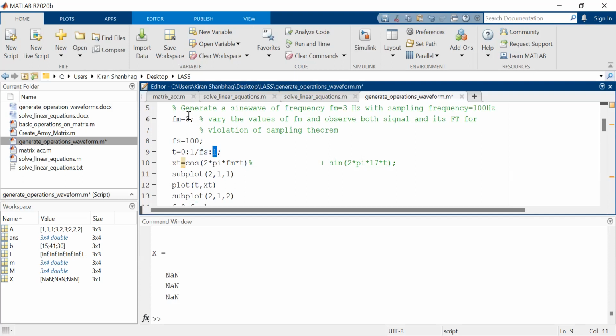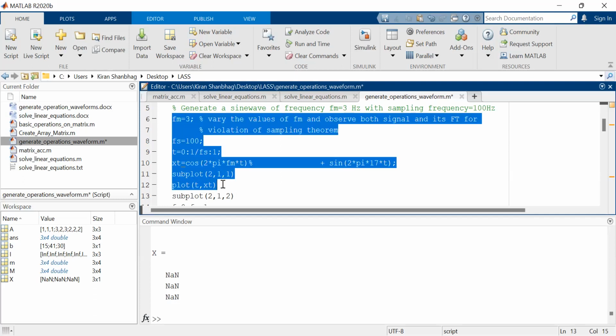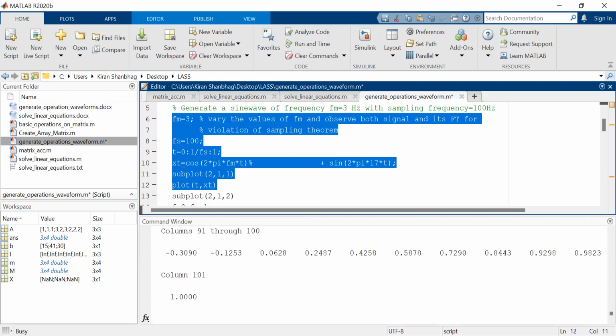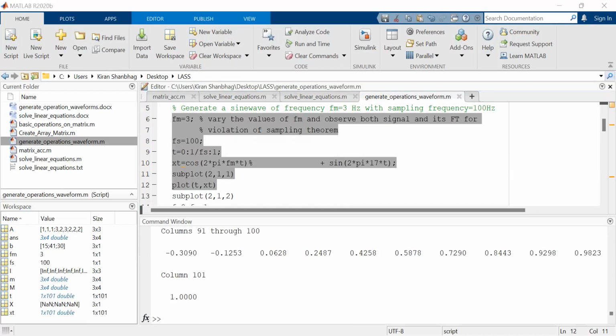Since I give my signal frequency as 3, in a duration of 1 second, I am expecting 3 cycles. Okay, so I'll select these lines, and only these lines I will select. Then I will run the command. There you can see in a duration from 0 to 1, I have 1, 2, and 3 cycles.